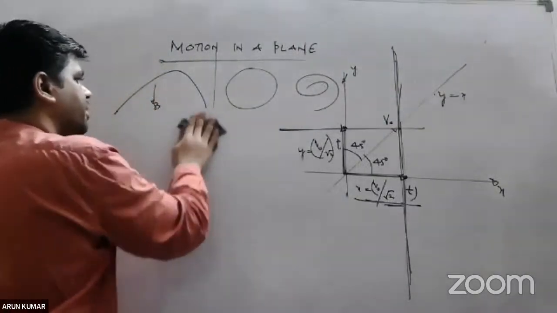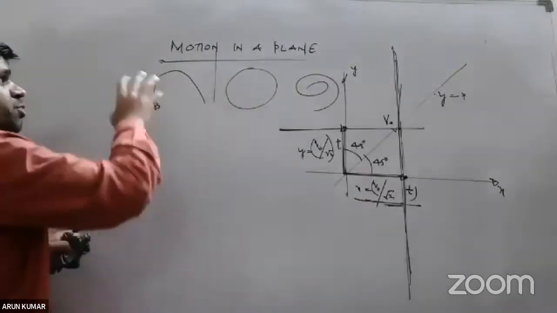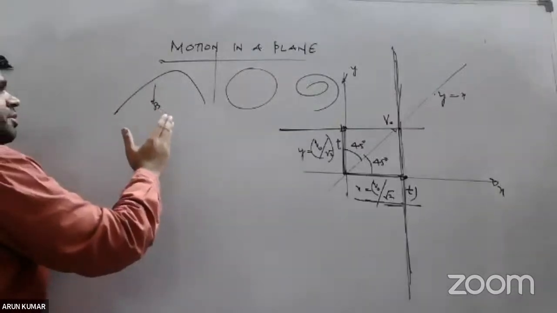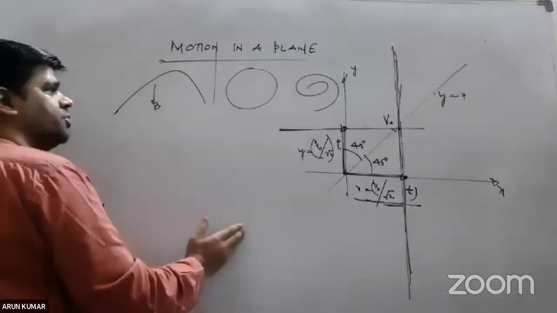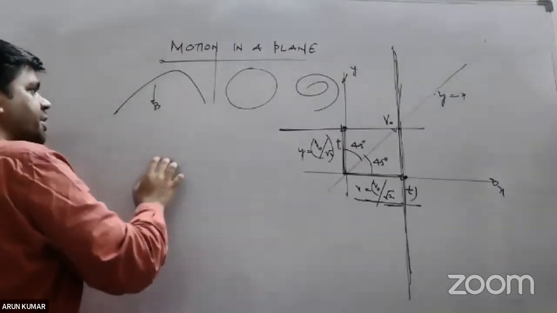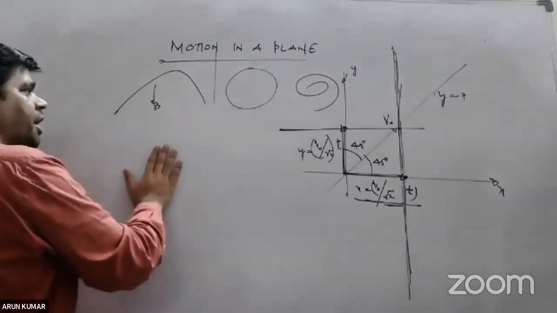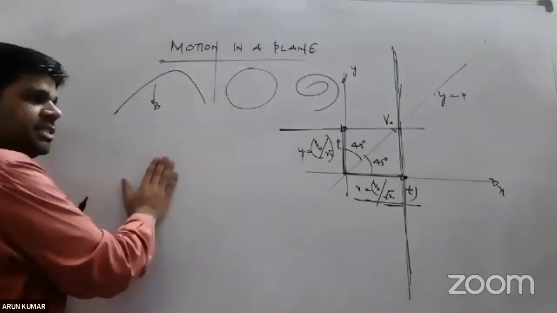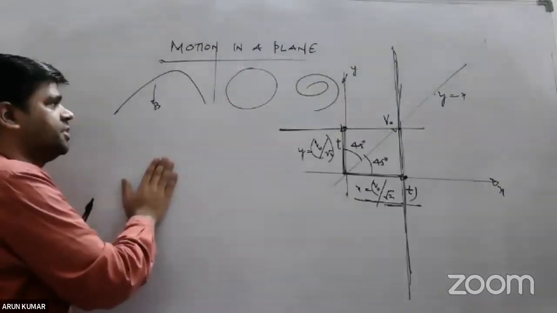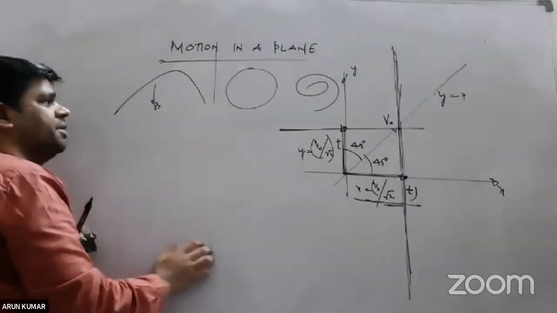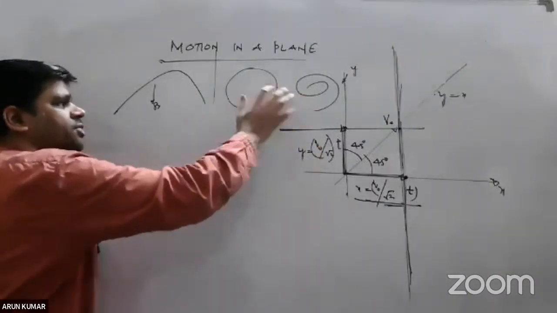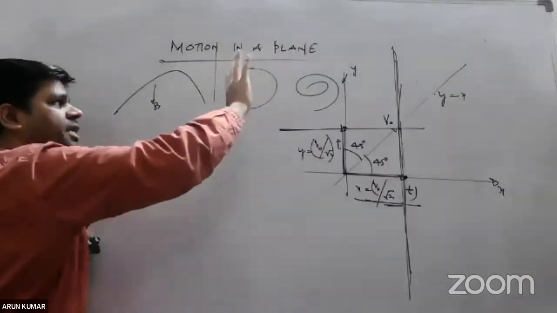So I repeat, just for a minute. This motion in a plane, I'm splitting into three segments: parabolic motion, circular motion, spiral motion. Motion under constant acceleration is what we are studying. Under constant acceleration, which is gx or effective g, it turns out to be a parabola. Here, how the acceleration behaves we'll talk about later, for variable acceleration.